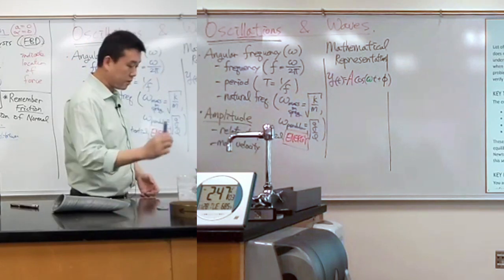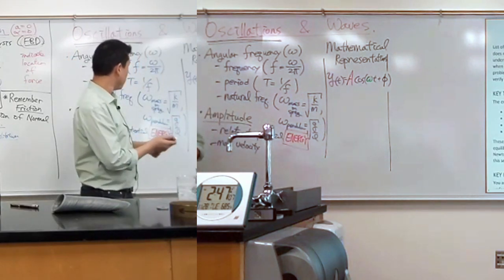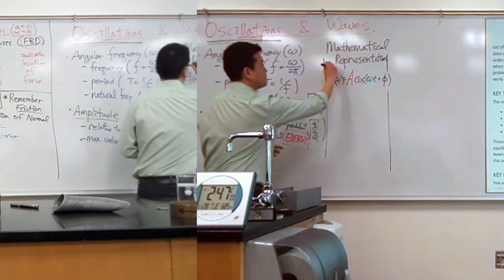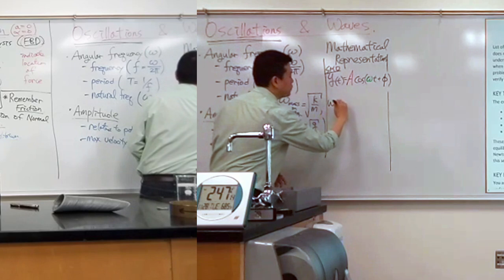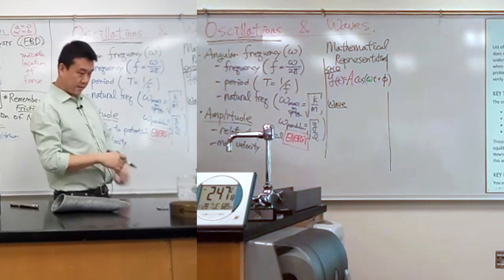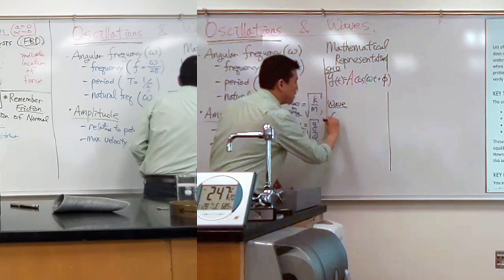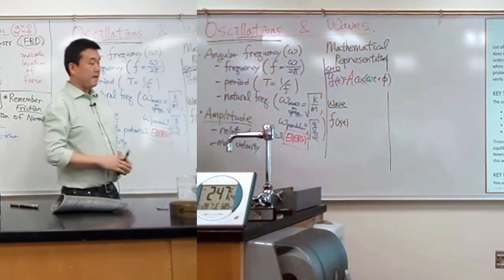And there's also the mathematical representation of a wave. So this was for the simple harmonic oscillator, and you do also have to know it for a wave. So for a wave, I'll just write it down. I'm running out of time. So the wave is going to be a function of position and time.